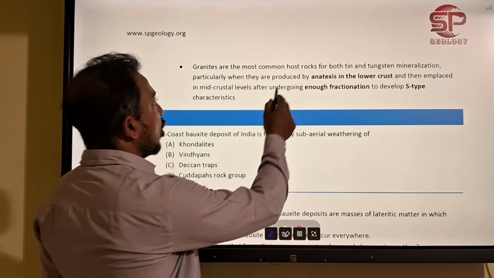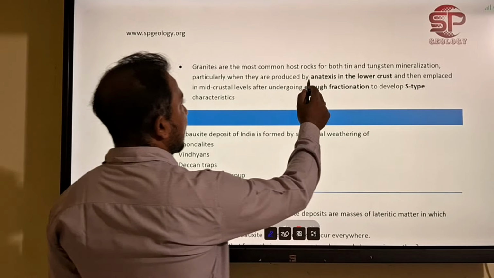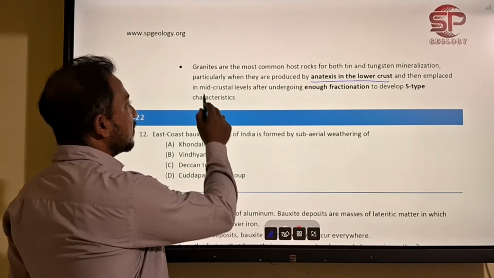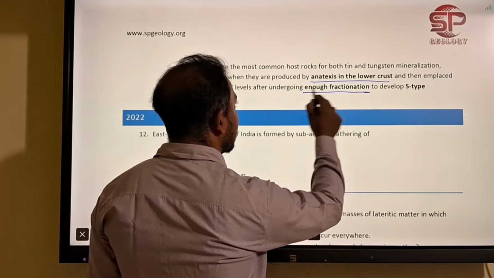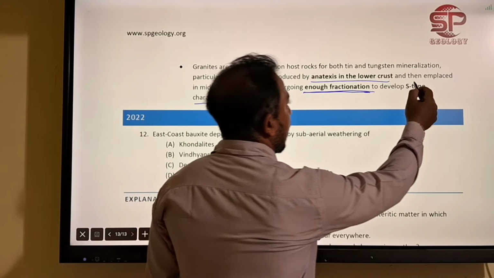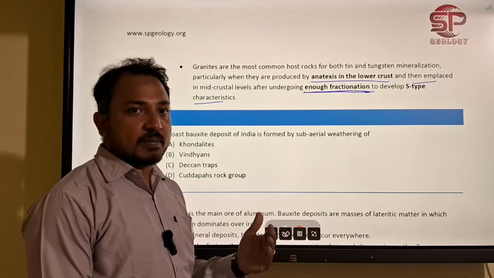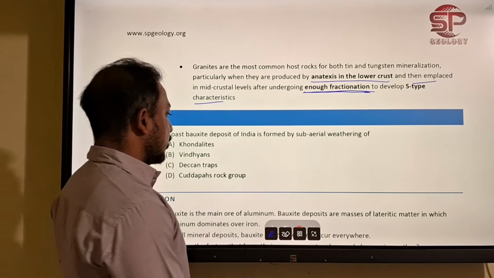Granite is the most common host rock for both tin and tungsten mineralization, as I have told you. It is produced by anatexis of the lower crust and emplaced at the mid crustal level, with high or extreme fractionation to develop S-type characteristics. S-type granite is suitable for the formation of SnW deposits.